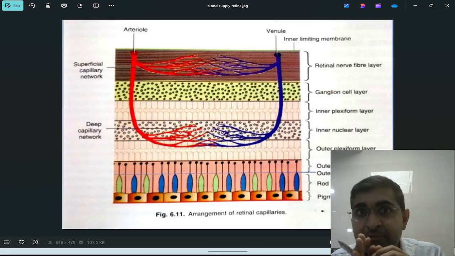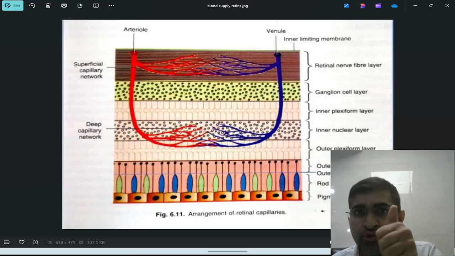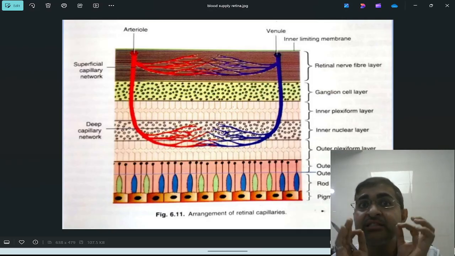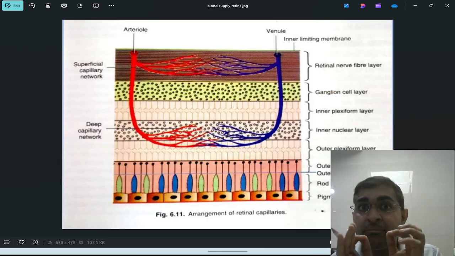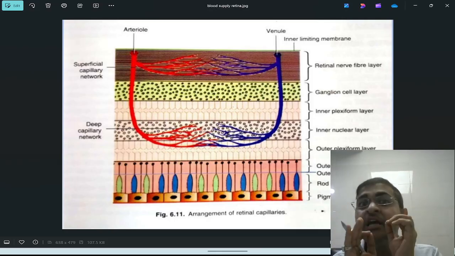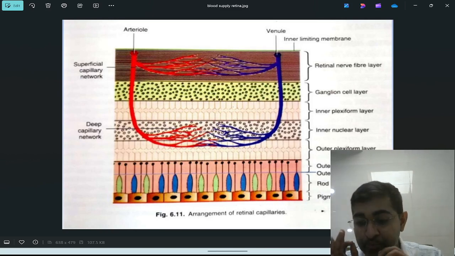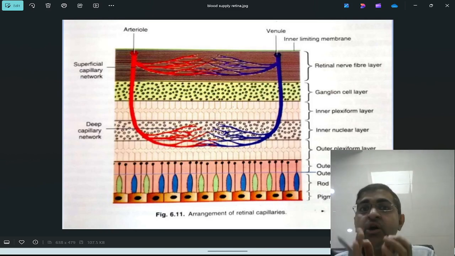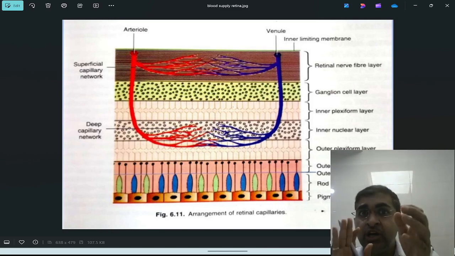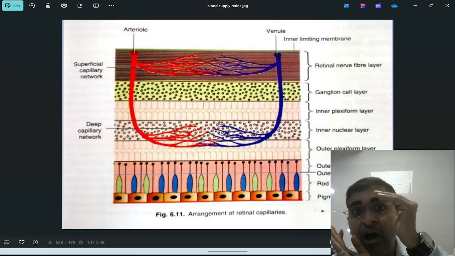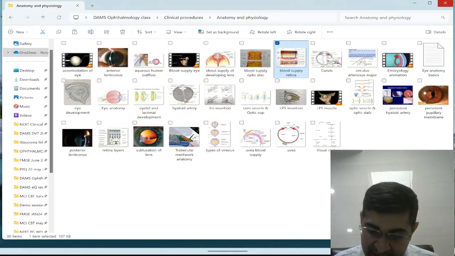One is the inner blood retinal barrier, formed by endothelium and pericytes. The other is the outer blood retinal barrier, formed by retinal pigment epithelium. Why outer? Because choriocapillaries blood has to take the permission of retinal pigment epithelium to enter the outer 1/3 of the retina, right?